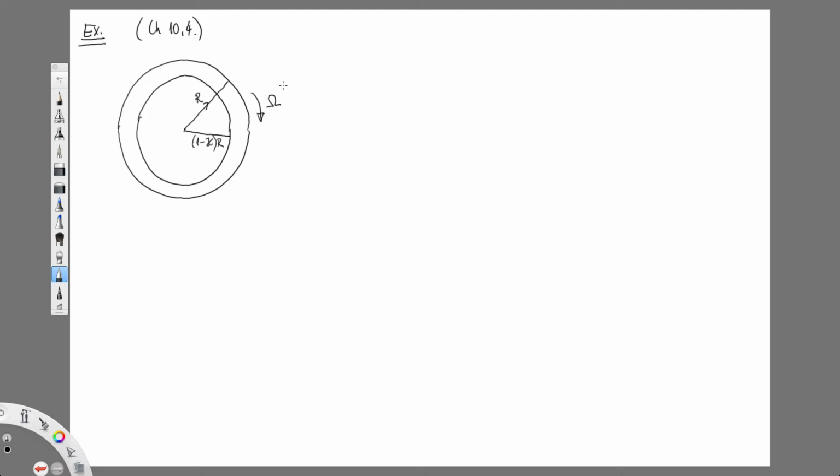This is angular velocity omega. The way angular and linear velocity are related is that linear velocity is omega times the radius, right? And so this was my Couette flow.